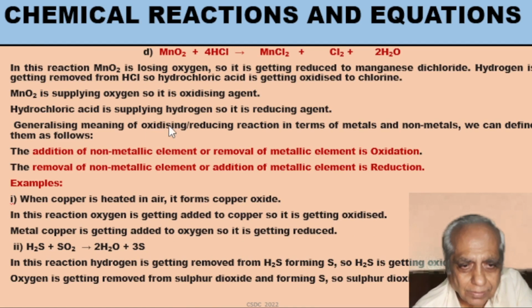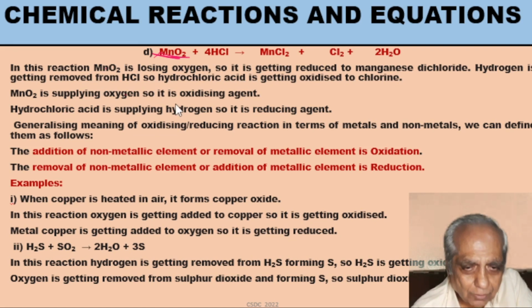Another reaction: manganese dioxide plus HCl forms manganese chloride, chlorine and water. Now compare manganese dioxide: what has happened to the oxygen? It has got removed, and removal of oxygen is reduction. So manganese dioxide has got reduced to manganese dichloride, and it has supplied oxygen, so it is an oxidizing agent.